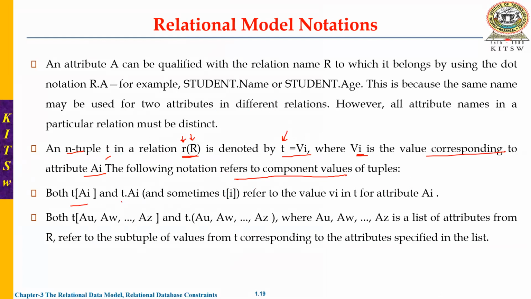Both t of Ai and t dot Ai refer to the value Vi in t for attribute A. Both t of Au, Aw, Az and t dot Au, Aw, Az, where Au, Aw, Az is the list of attributes from the relation R, refer to the subtuple of values from t corresponding to the attributes specified in the list.